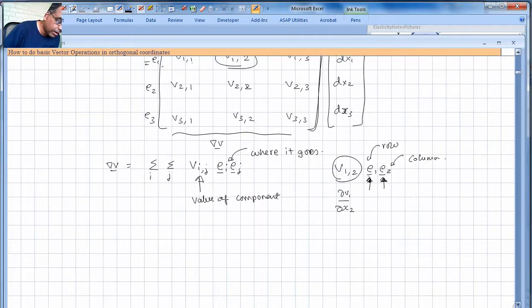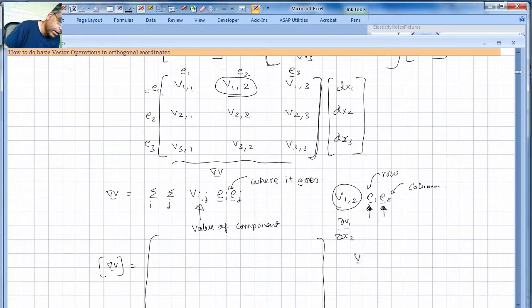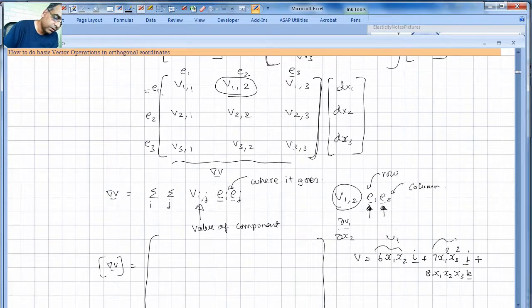Okay, so let's do it for our case. What does our matrix look like? Remember, v was 6 x1 x2 i plus 7 x1 squared x3 squared j plus 8 x1 x2 x3 k. So this is v1, this is v2, this is v3.